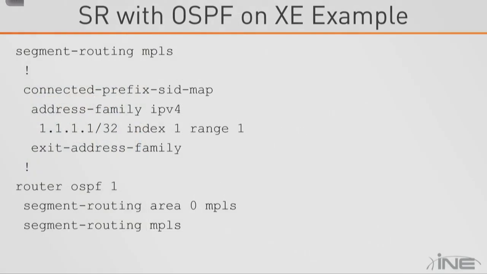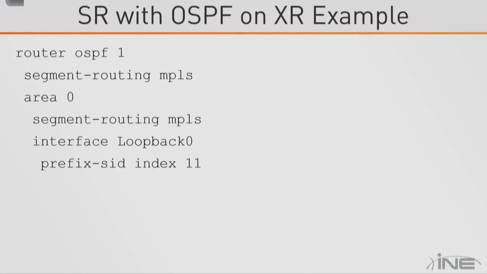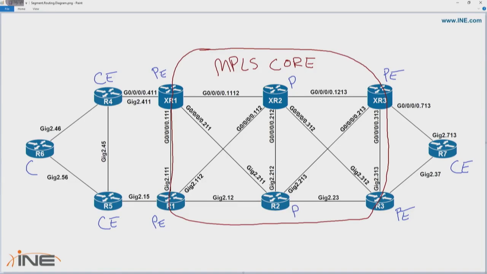Okay, for IOS XR, not too much more complicated. We're going to go under the routing process and turn segment routing on. Then under the area, under the interface, specify what the index of the prefix SID is. So in this particular case, if we look back at our diagram, this is going to be on node 11, which is XR1. So we have nodes 11, 12, and 13, and then nodes 1, 2, and 3 at the bottom.